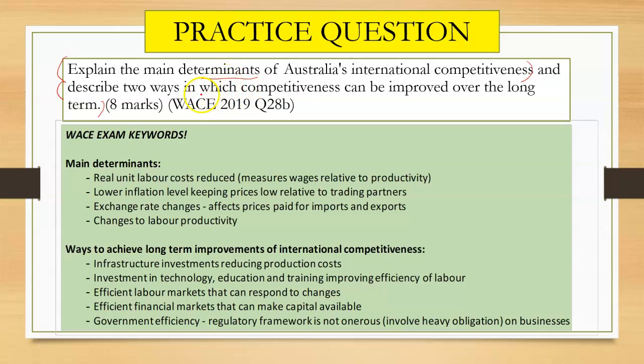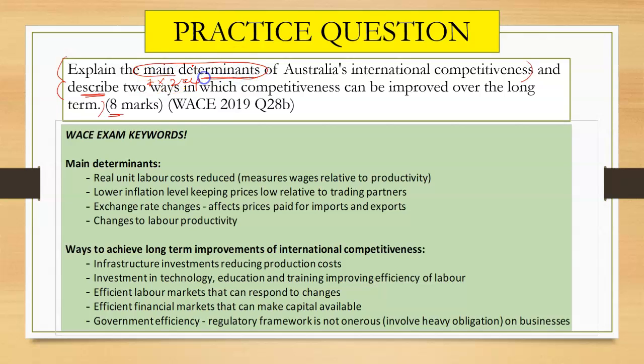In this question, the question tells you they need 2 ways how international competitiveness level can be improved, but they didn't tell you how many determinants they need. So you have to estimate based on the marks given. 2 ways is 4 marks. Describing 2 ways altogether is 4 marks, 2 times 2. So the remaining 4 marks will be the determinants.